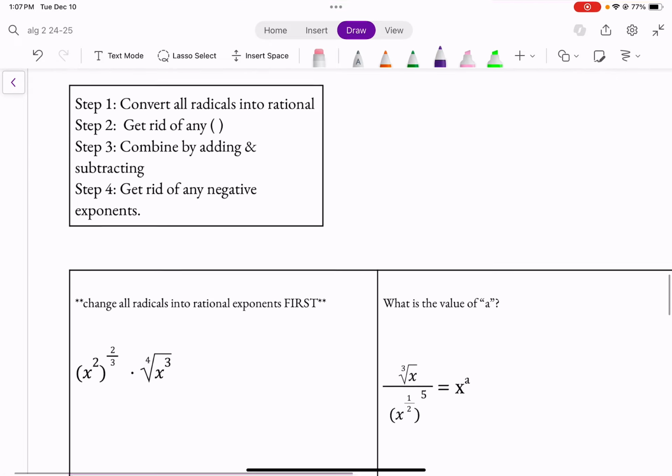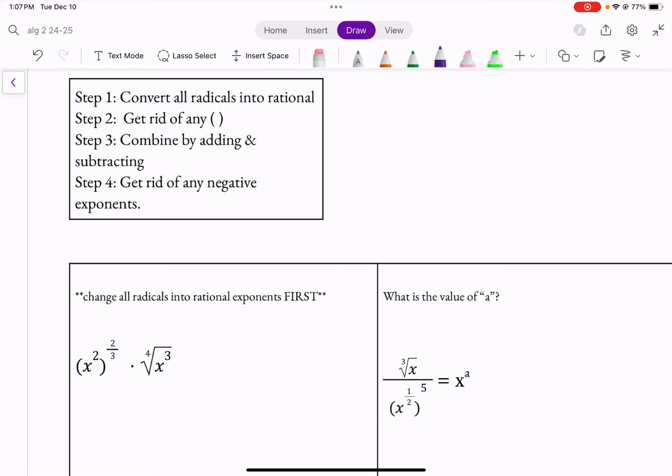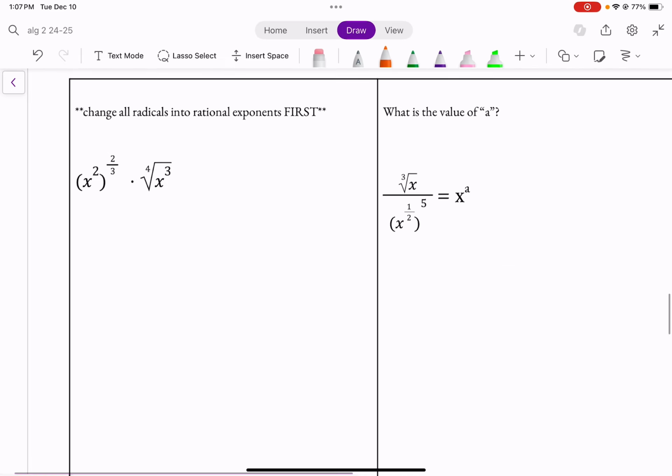Okay, so we're going to use all the same rules, but all that's changed now is you first want to convert any radicals into rational exponents, okay? So anything that has a radical sign or the square root sign, you want to change into a fractional exponent, okay? So looking at this first problem, this needs to be changed first.